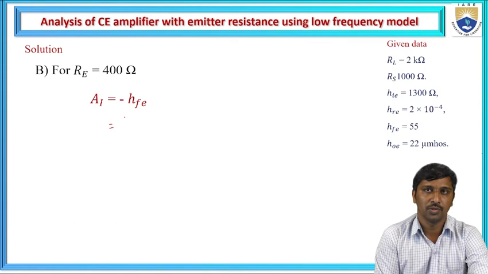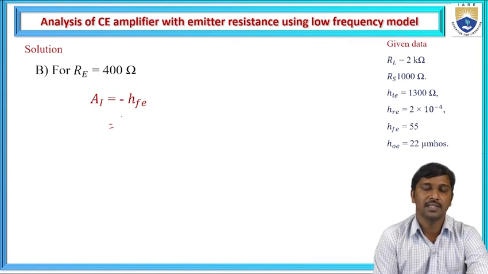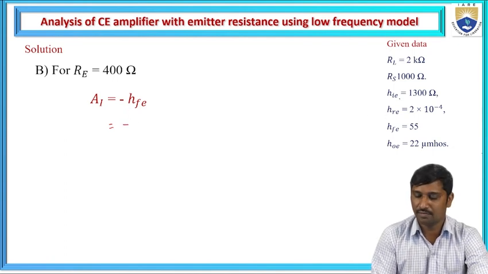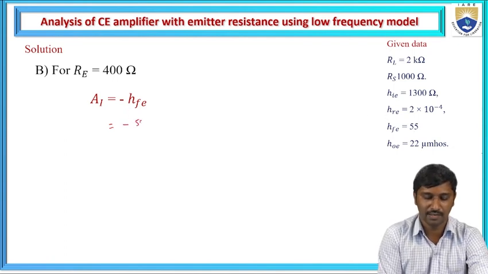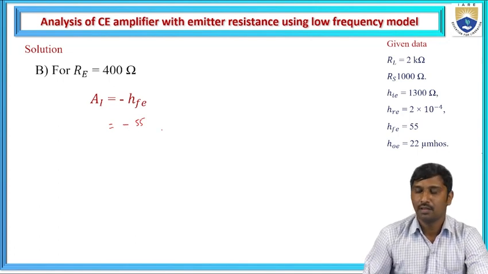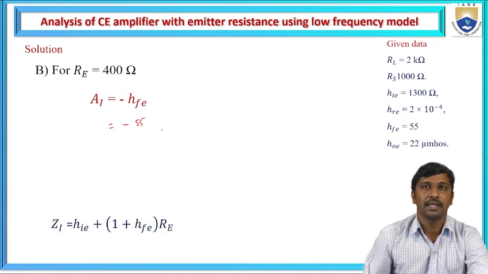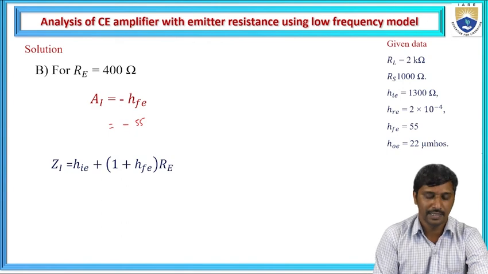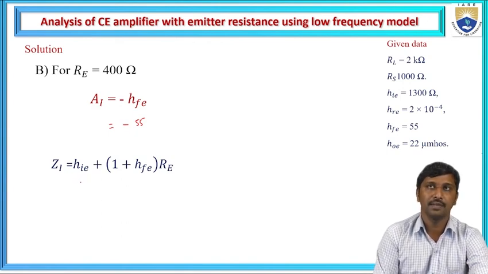Hence, without emitter resistance or with emitter resistance, the current gain is the same. Hence, Ai is represented as minus hfe. The hfe value is 55, so this is minus 55. Now we are going to calculate the input impedance Zi from this approximate analysis.